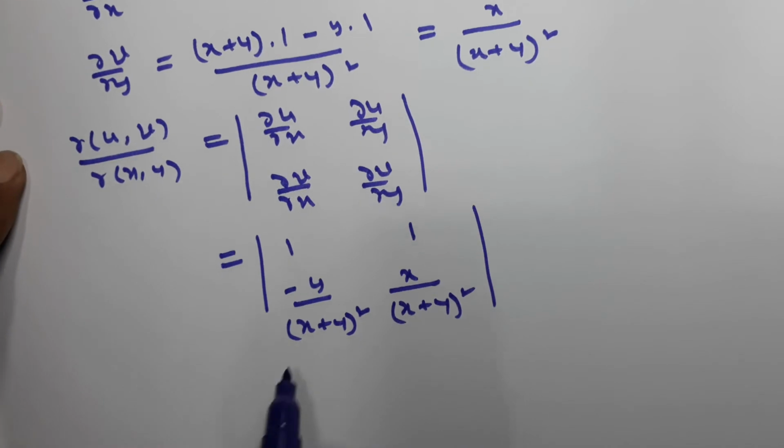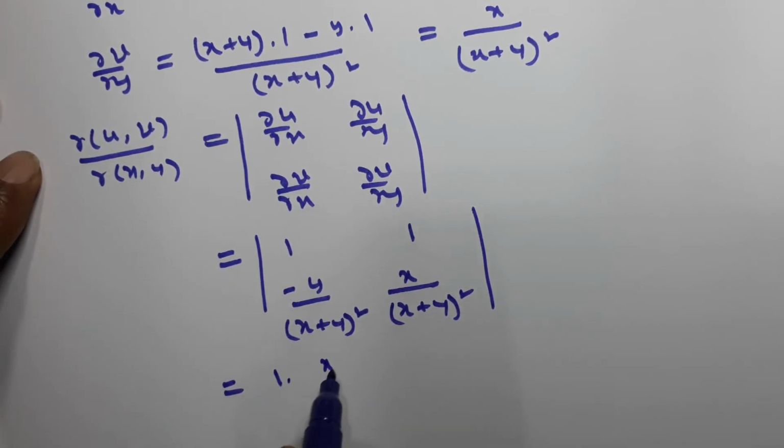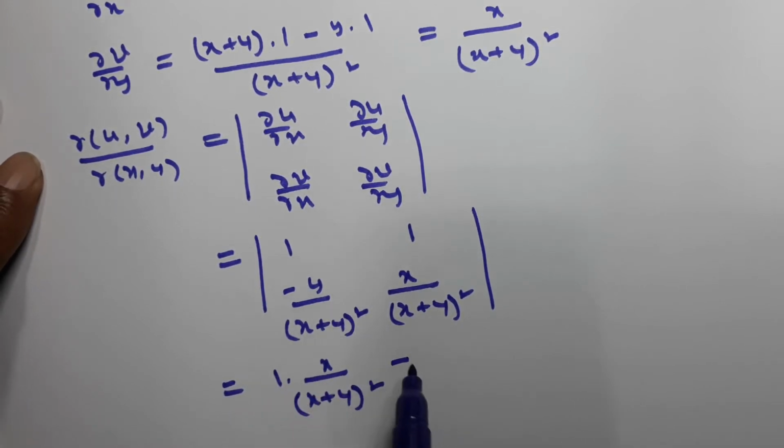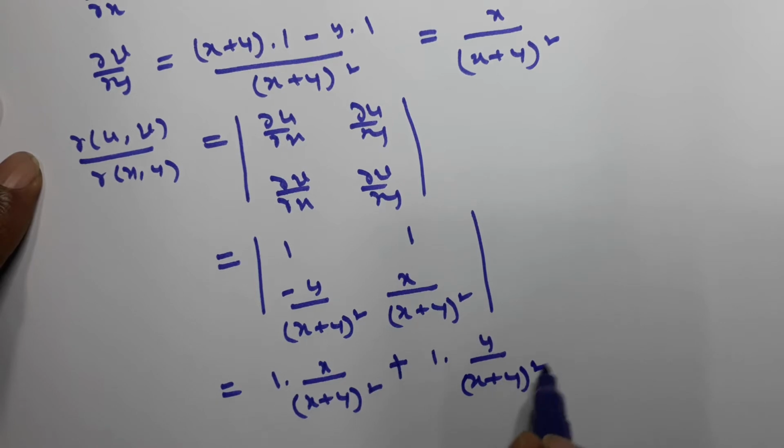This is 1 into x by (x plus y) whole square minus, already minus is there, it should be plus, 1 into y divided by (x plus y) whole square.